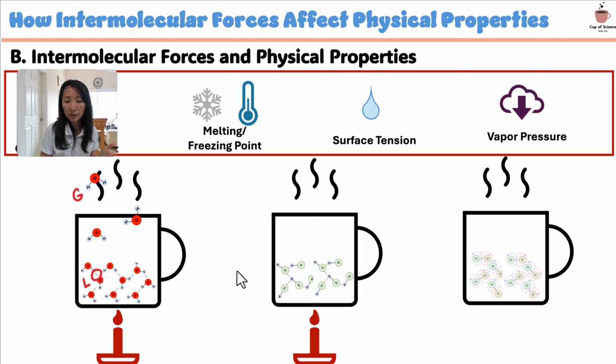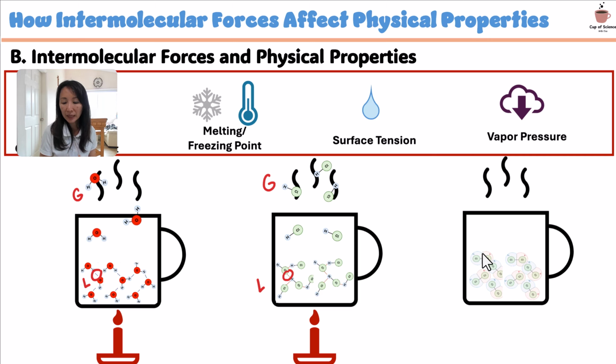The next one will do the same. Say I heat this up and it goes into a gas phase. I have to break that intermolecular force called the dipole-dipole in order for it to give rise to the gas form. So here's my gas on top and this is my liquid on the bottom. And it cut off this dipole-dipole interaction. And it didn't require as much heat, so less temperature, in order for this to evaporate.